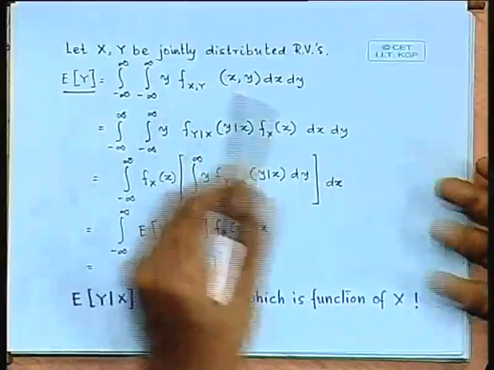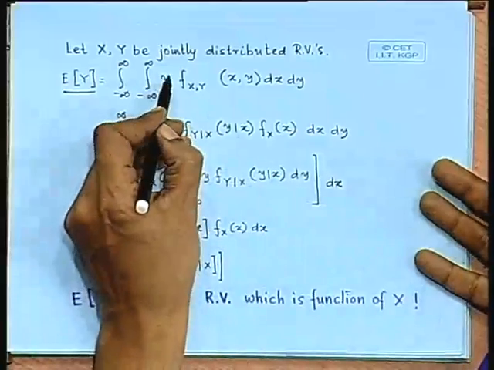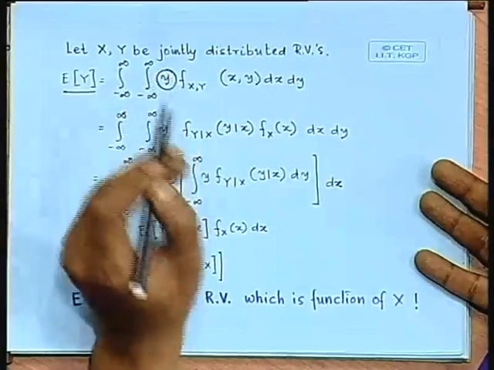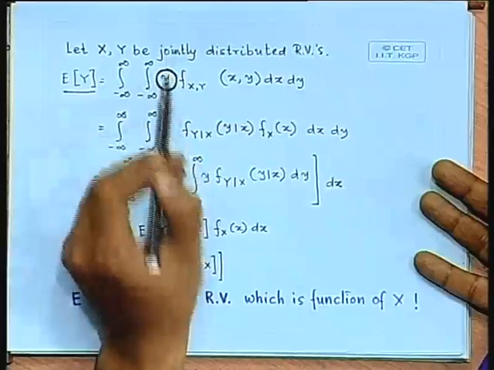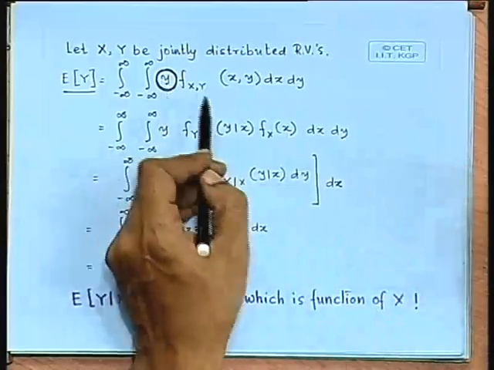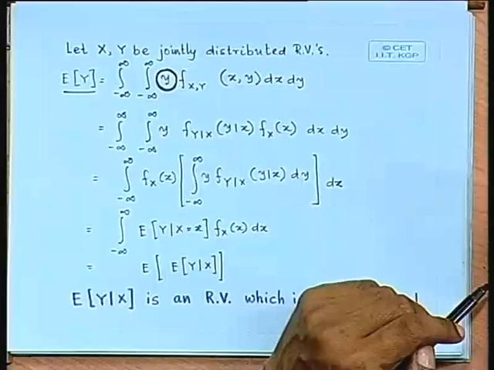In doing this you have to consider the whole range of x and y, right? So you are given the joint density function. So what is the probability that if you perform an experiment, you will get y? That will be obviously fxy xy dx dy.